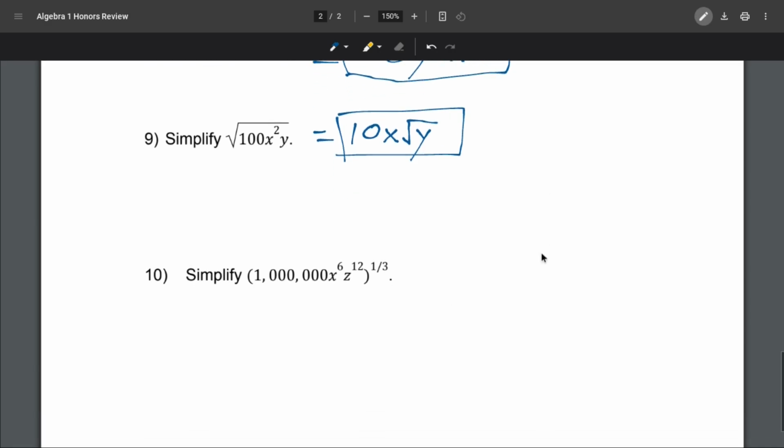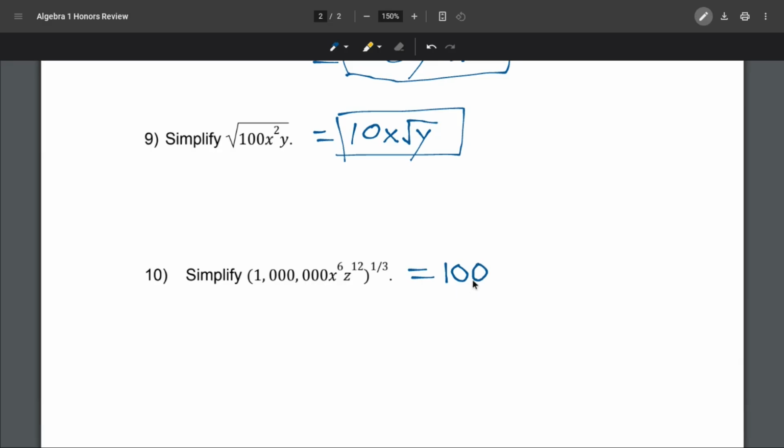And then finally, we have 1 million x to the 6th, z to the 12th, all to the 1/3 power. Now, if you think about 1 million, it's really 10 to the 6th power. So 6 times 1/3 is 2. So this would be 10 to the 2nd power, which is 100.